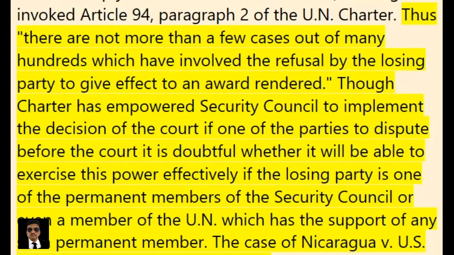Thus, there are not more than a few cases out of many hundreds which have involved the refusal by the losing party to give effect to an award rendered.